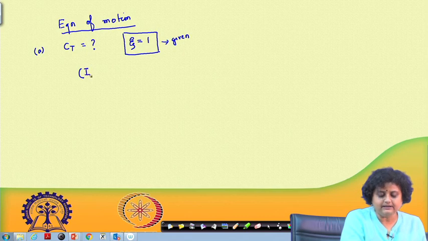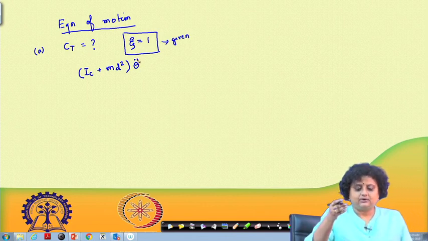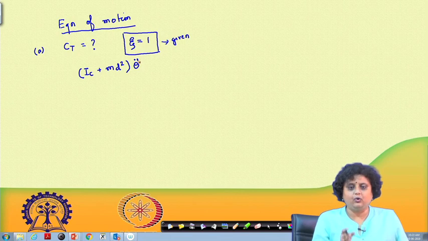I need the moment of inertia about the axis of the rotation. Theta is about the hinge of the door, right?